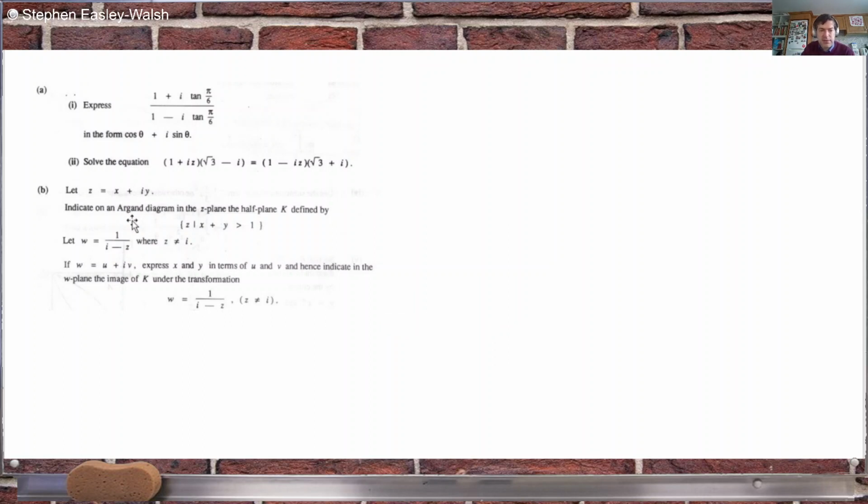All right, B now. z equals x plus iy. Indicate on the Argand diagram in the z plane the half plane K defined by x plus y more than 1. All right. That's 1, that's i, minus 1, minus i.